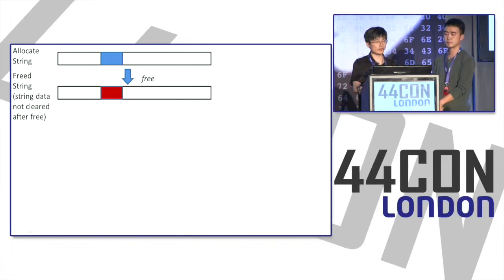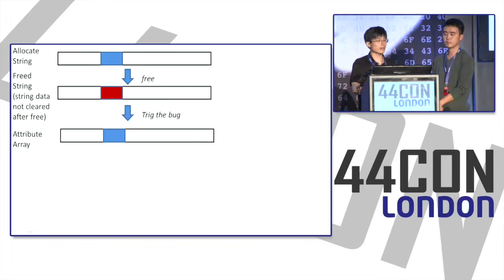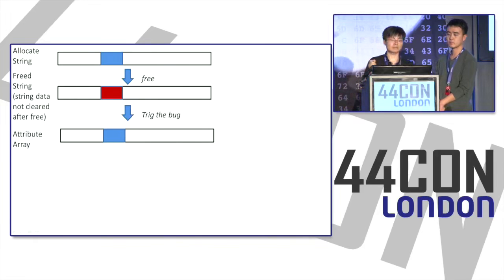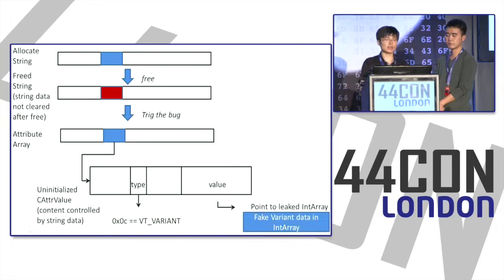Next, we free the strings. And then we trigger our bug. This time, the uninitialized attribute value will be controlled by the string data. So we can set the attribute value to have any content we want. So we set up the attribute like this.